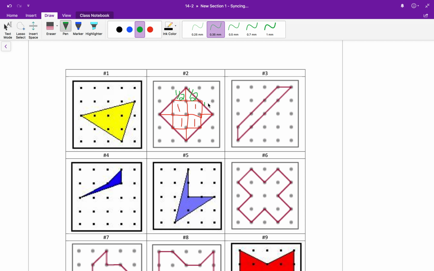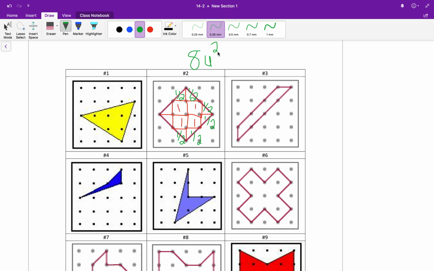So all of these are actually 1/2. All the way around, each one of these pieces is 1/2. Now that I know everybody's size, I can just count them up. So I've got 1, 2, 3, 4, 4.5, 5, 5.5, 6, 6.5, 7, 7.5, 8. So my answer for 2 is 8 units squared.